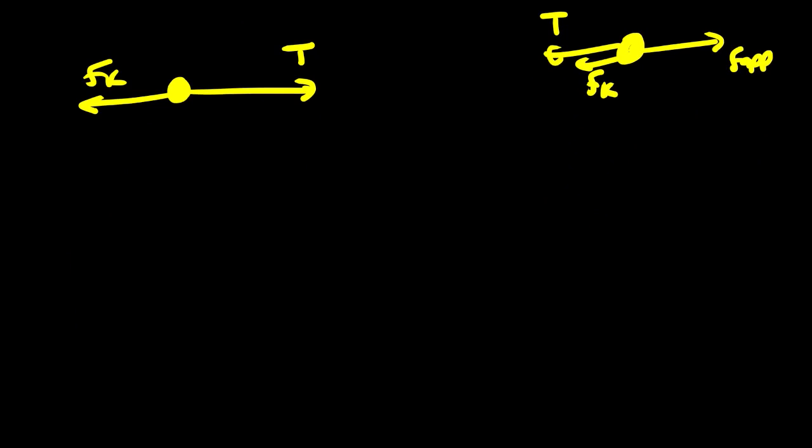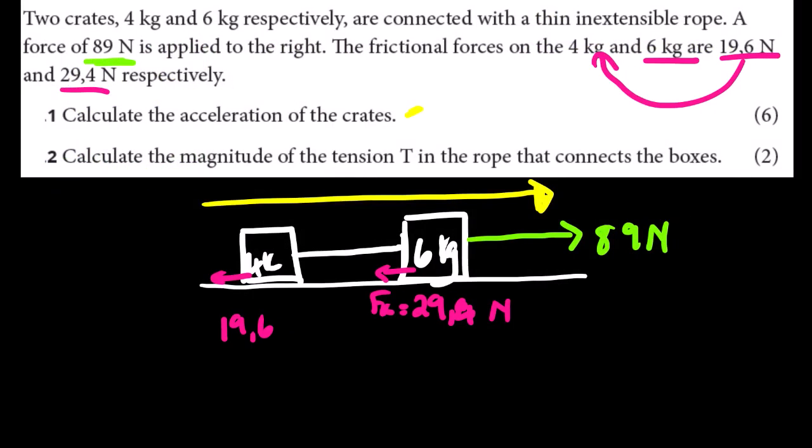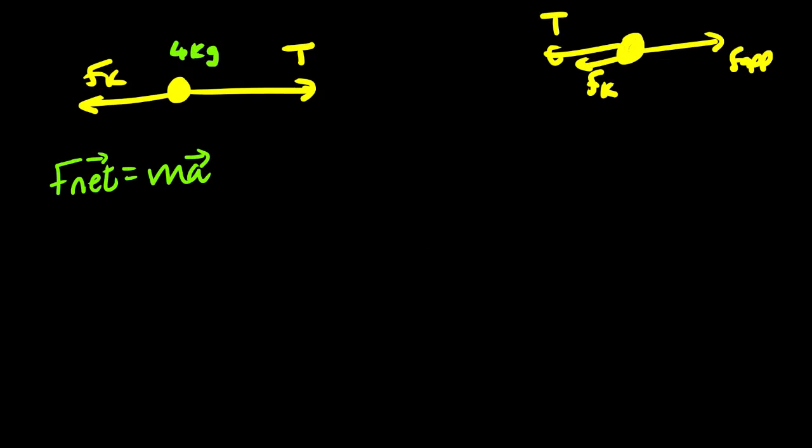So for the 4 kg, we need to generate an equation. The first thing that we do is write the equation F net equals ma. Then we look at how many forces do work. Before we continue, we are going to take the direction of the displacement as positive. So right is positive, then left will be negative. So we can see that our Fk will be negative and our tension will be positive.